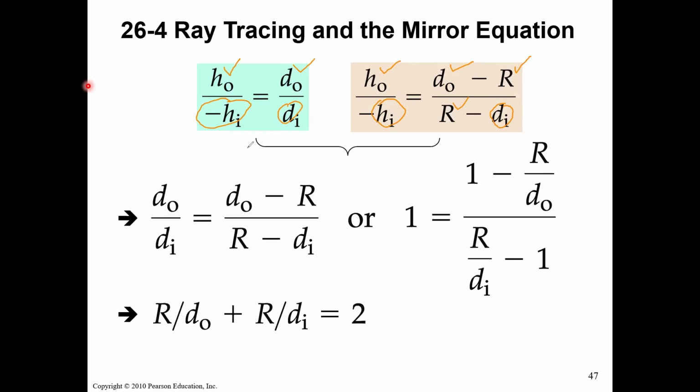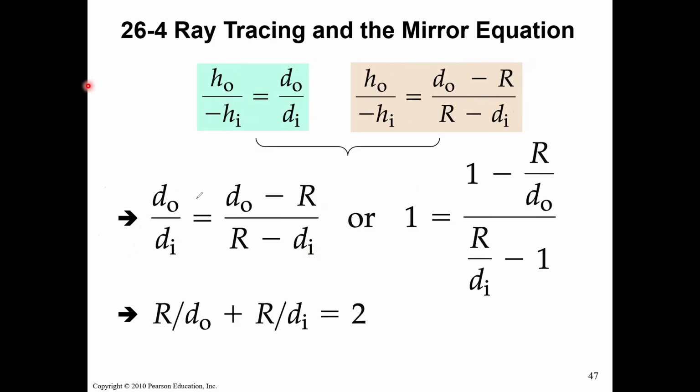Okay, so what we can do is we find out that DO over DI is HO divided by minus HI. And on the other hand, HO divided by minus HI is also DO minus R divided by R minus DI. So from there we find out that HO divided by minus HI is both this and this, right?